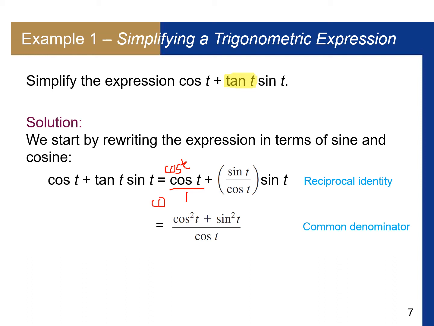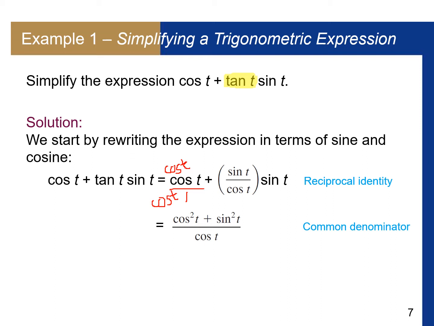So when I multiply my top and my bottom by cosine, I then have the common denominator of cosine and can write cosine squared plus sine squared over cosine. Now, cosine squared plus sine squared, immediately when I say that, you should be like, wow, that's equal to 1, because that's one of the Pythagorean identities.